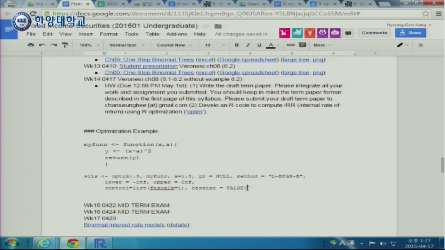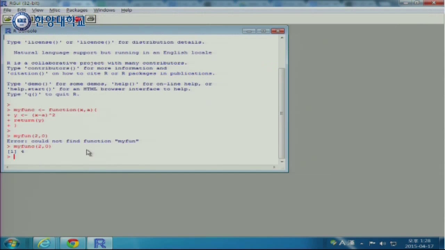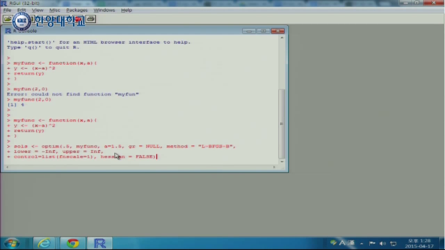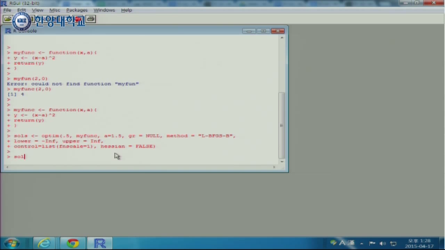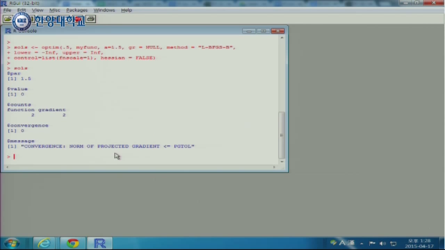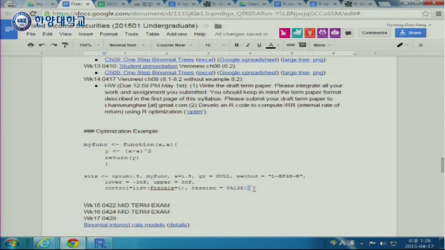Okay, so let me run this program. If I type source, then the answer is 0.5. The value is 0. The function count is 2 times, convergence 0. Message: converges, norm of the projected gradient. So it works fine. So this is the solution.